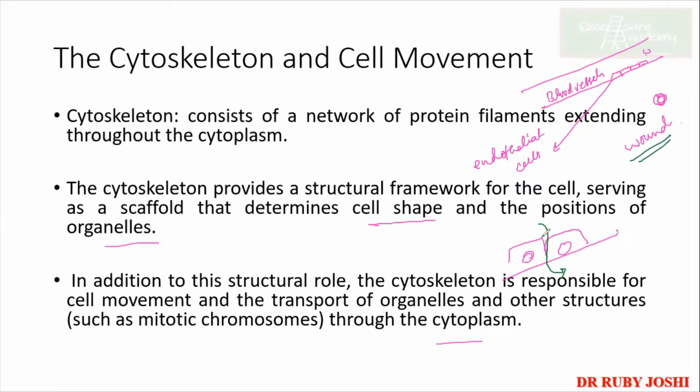In order to go between these two cells, the macrophage has to squeeze itself. It's not that it will simply push these cells away. The interactions between the two cells, we'll talk about later; those are known as the tight junctions.